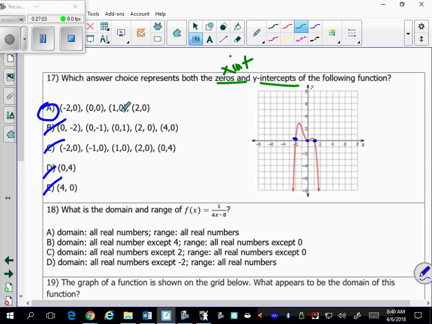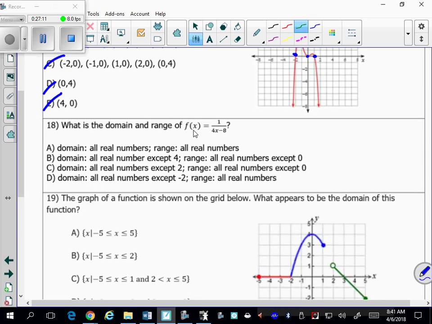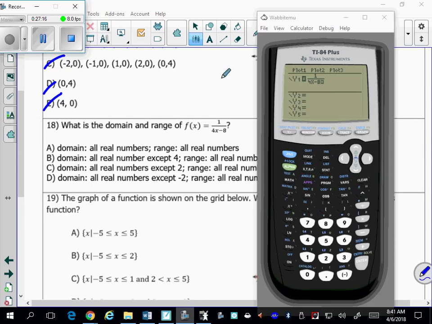Alright, domain and range. We've got to look at the graph. So graphing. This graph is kind of weird, but we've looked at enough rationals that you should know that it's usually split into 2 different parts. So the bottom part here goes over to the left, the top part goes over to the right. And so we look at domain.